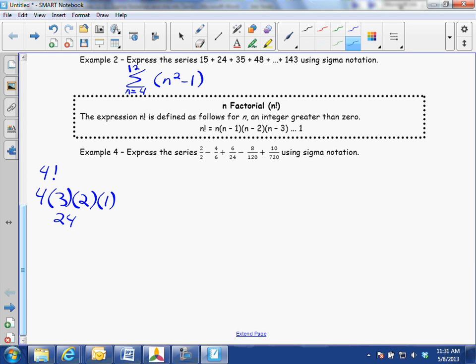It should be n factorial. Push PRB, probability, and there it is right there.